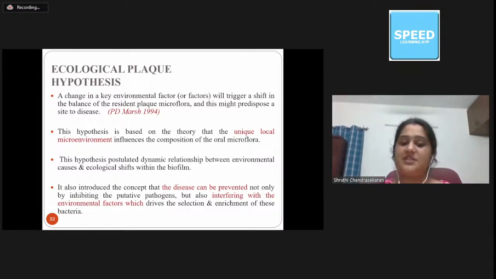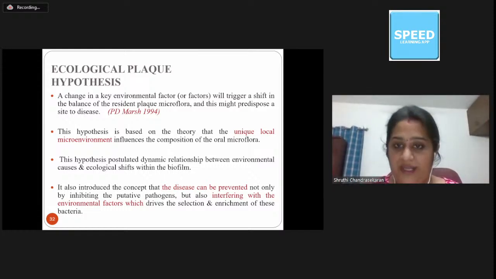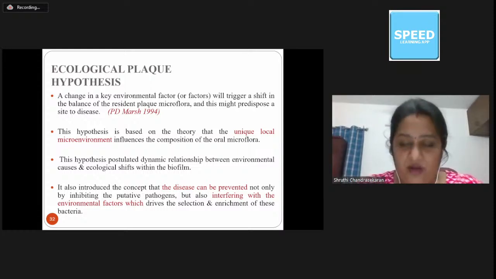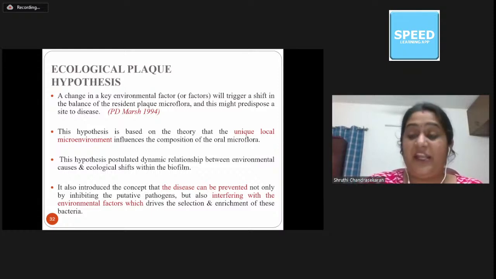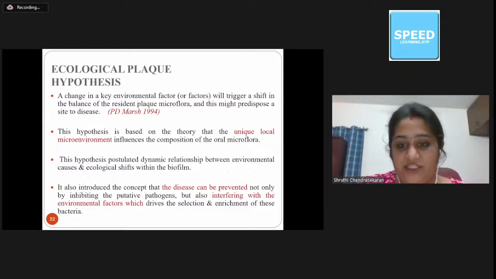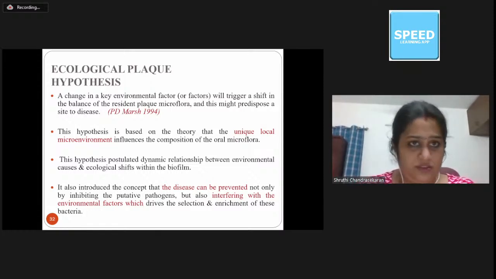This hypothesis is based on the theory that there is a unique microenvironment present in each plaque composition in the local area, which will influence the type of organism that is present there. So it was also introduced that the disease can be prevented not only by inhibiting or preventing plaque accumulation, but we'll also have to interfere with the environmental factors, which will help in the growth of certain bacteria.